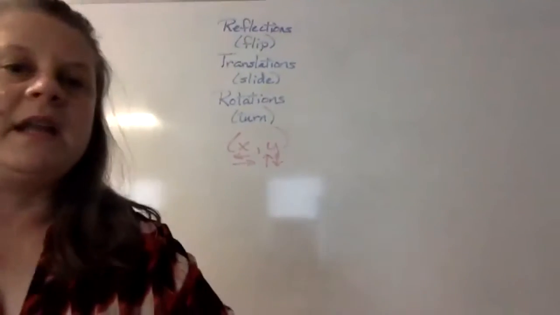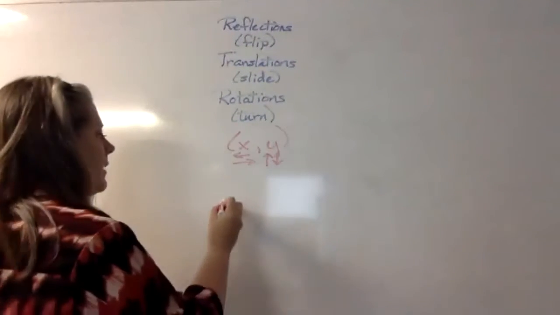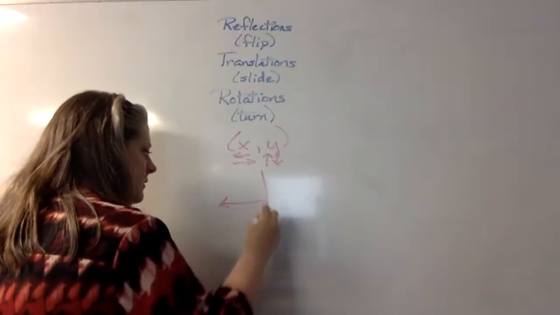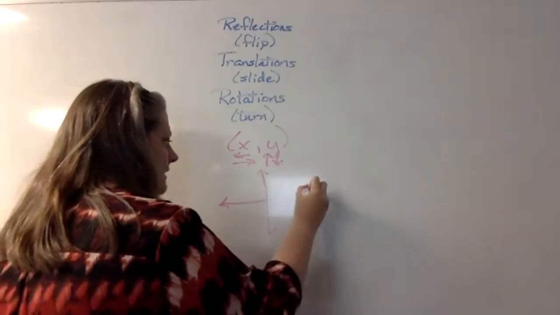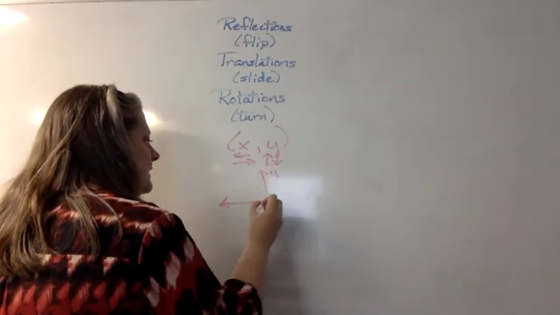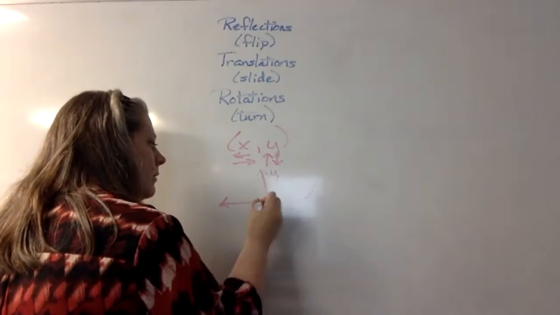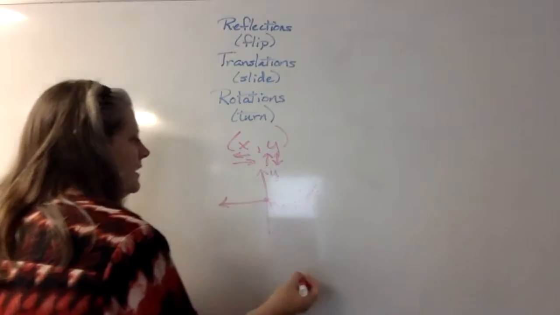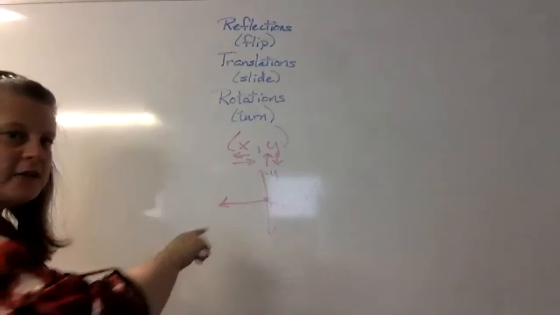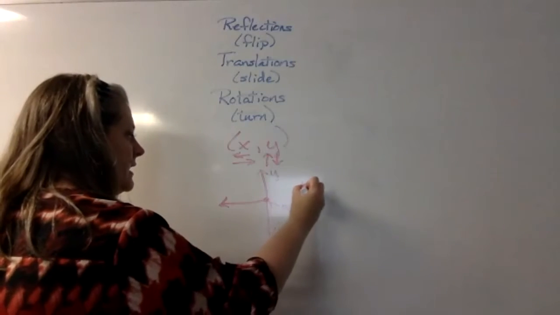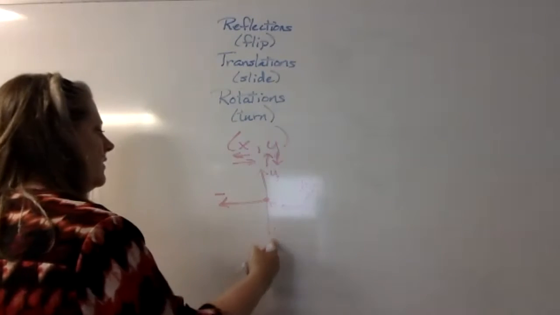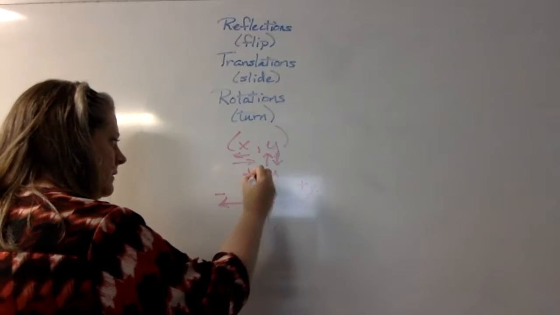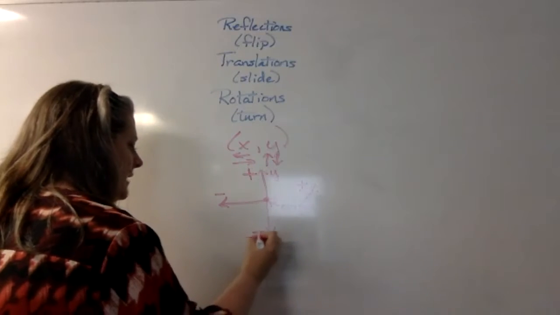Okay, now something else we also had with this is you gotta remember your basics of your coordinate plane. You have the x-axis, you have the y-axis, and then this point here in the middle where you always start is the origin. Now, on your x-axis, as you go to the right is positive and go to the left is negative. On your y-axis, as you go up is positive, and as you go down is negative.